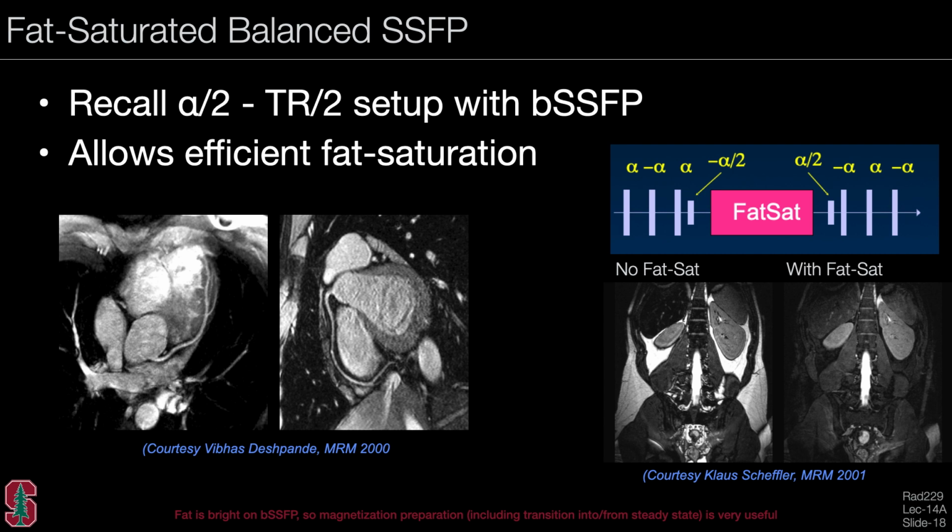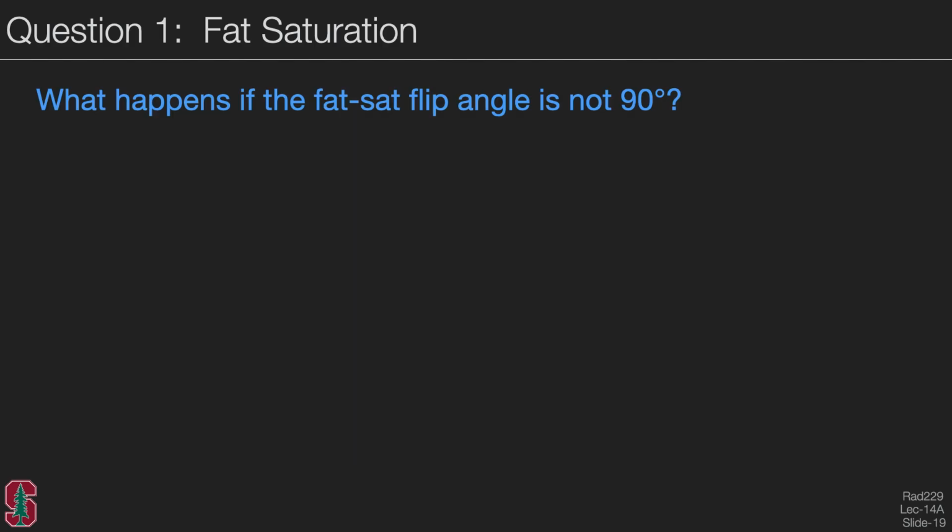And you see these beautiful images here showing no fat sat compared to fat sat, and the other non-fat tissue is very similar in both images. So we're not disturbing the other signal by playing the fat suppression pulse here. That's a really nice example of combining a magnetization prep block, in this case fat sat, with a balanced SSFP sequence. So let's look at a review question.